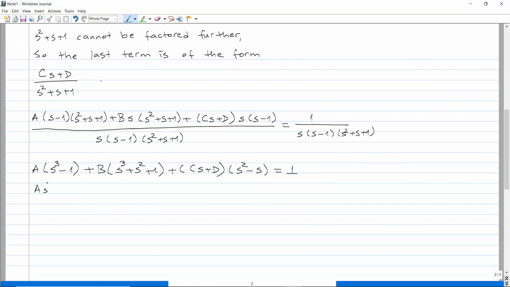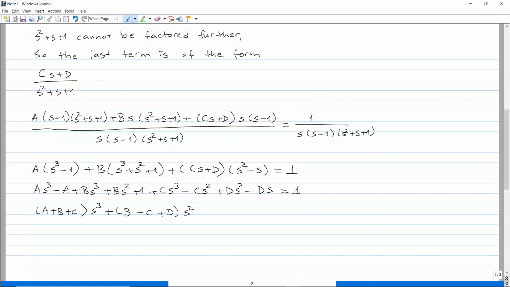So a s cubed minus a plus b s cubed plus b s squared plus b plus c s cubed minus c s squared plus d s squared minus d s is 1. So a plus b plus c times s cubed plus b minus c plus d times s squared.